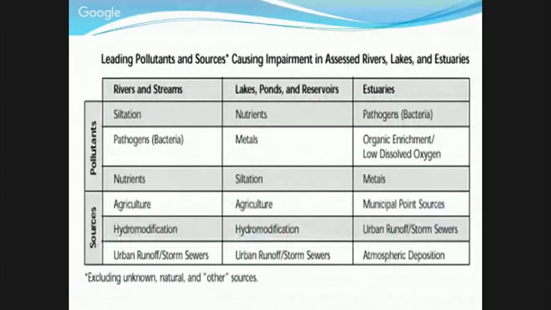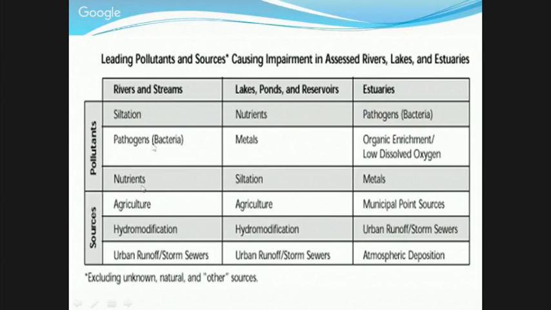You can see what the leading pollutants are in rivers and streams. In rivers, you have siltation, problems of bacteria, and nutrients, and the source causing the pollution is agriculture.